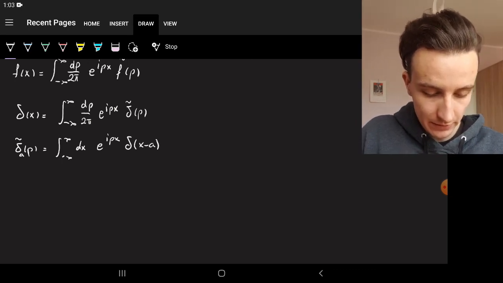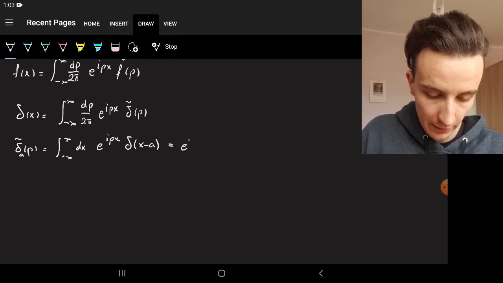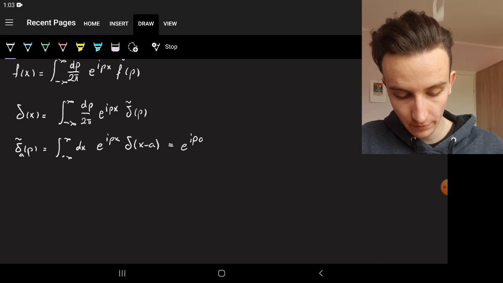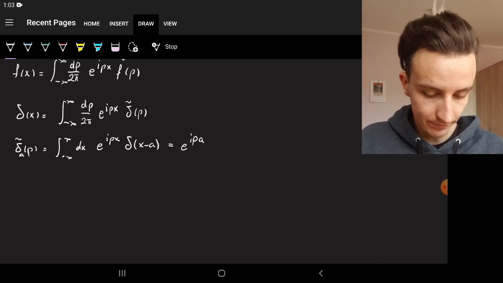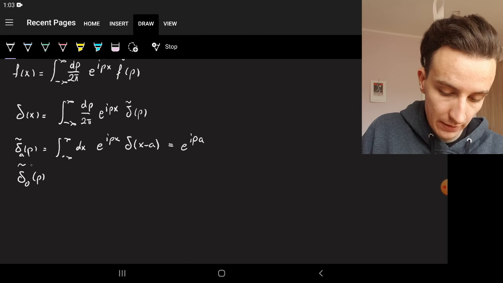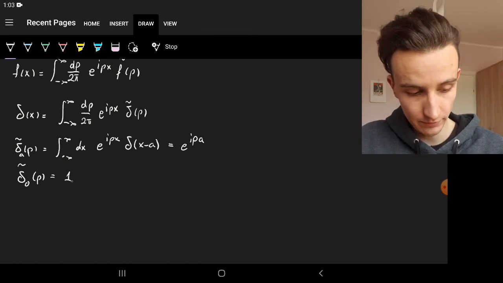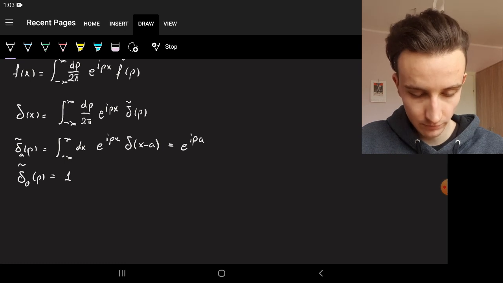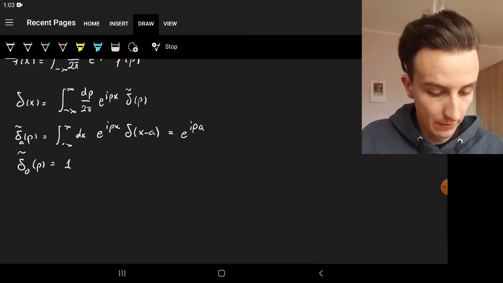And we know that this one is just going to collapse, right, into e to the ipa because of the property that we derived above. Which also means that delta 0 tilde of p is equal to 1, making the delta function a neutral element for this product and Fourier transform or for convolution.